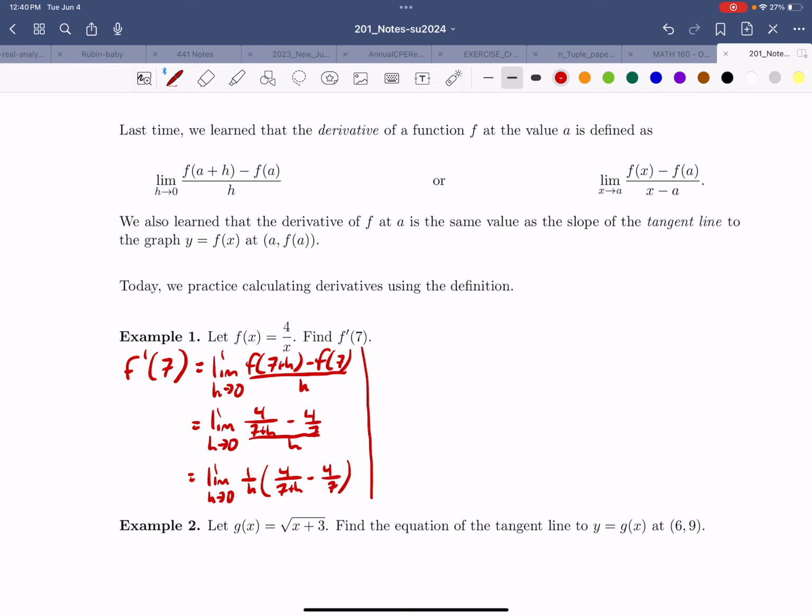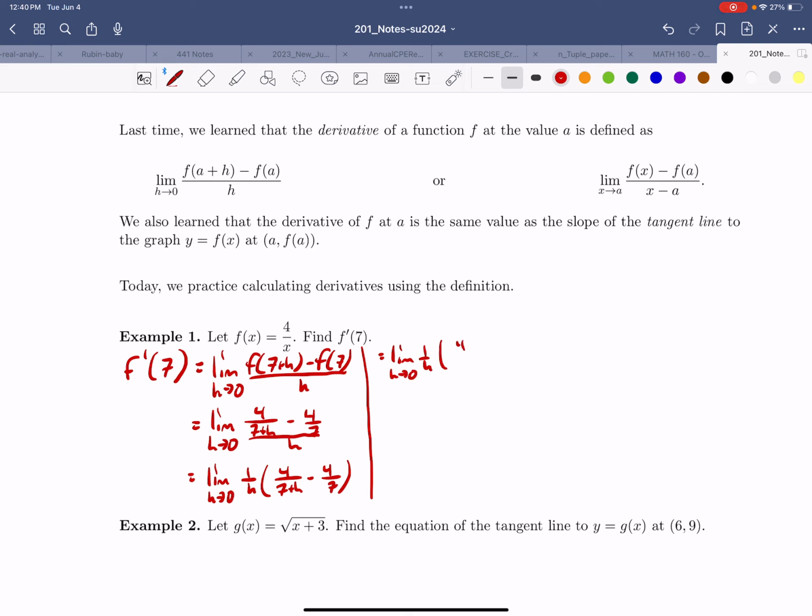There's no nice way to do this, so what we're going to do is multiply this by 7 over 7, and multiply this by 7 plus h over 7 plus h. Let me write it out a little bit more here.